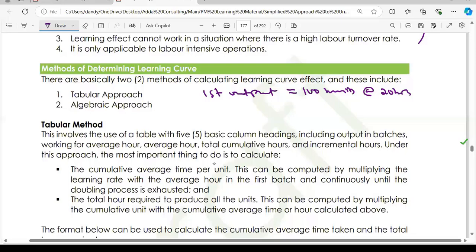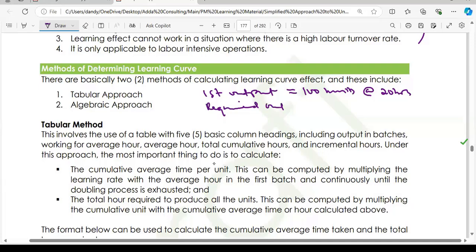Okay? So the required output, you are now told to determine the cumulative hours to produce 10,000 units.